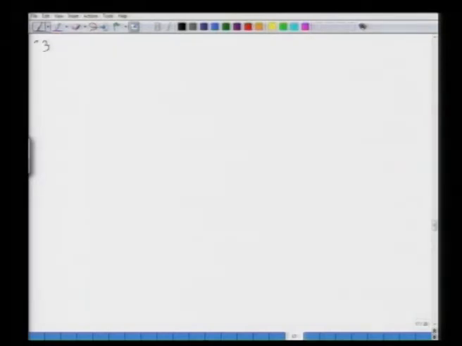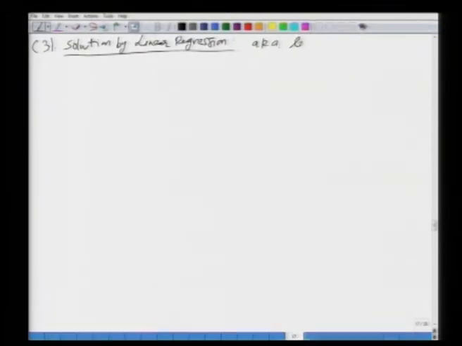So, let us look at the least square method first, and I am going to number this as method 3, because we have already seen the two methods. We will say solution by linear regression. Actually, it is also known as the least square solution.